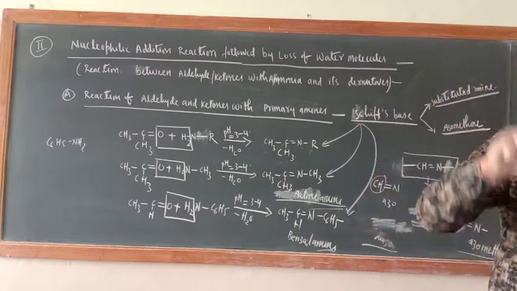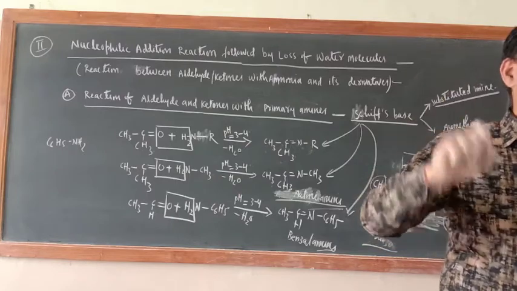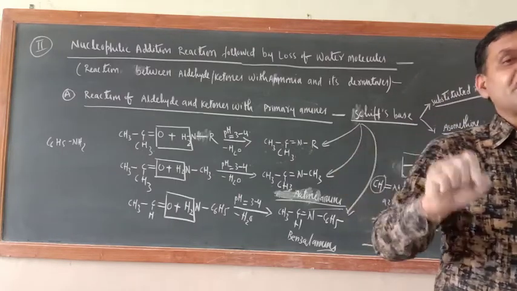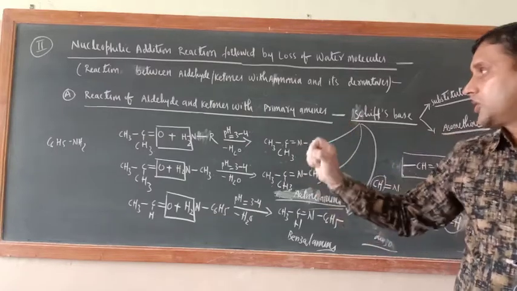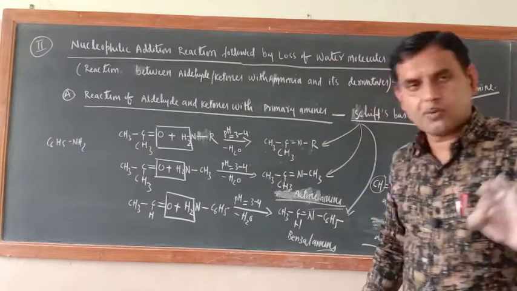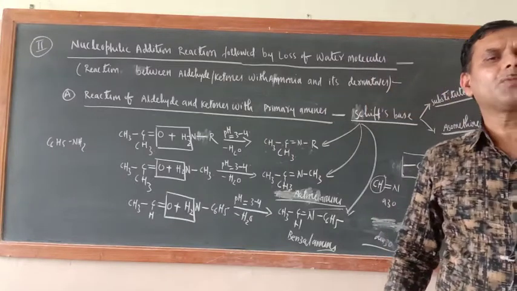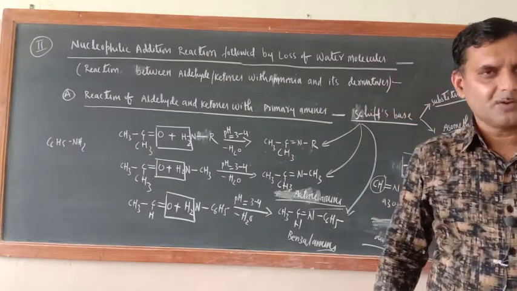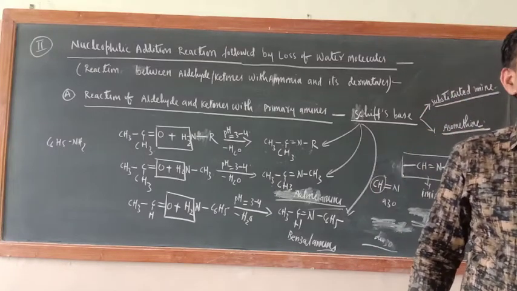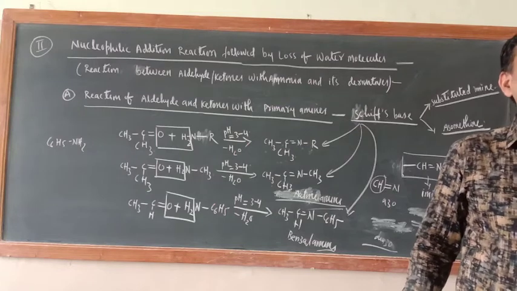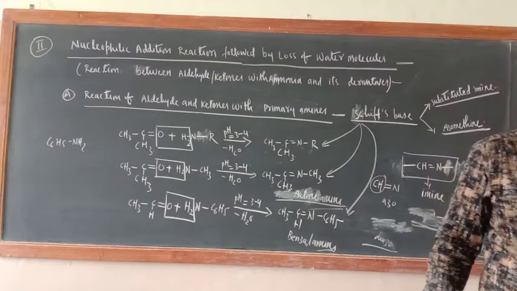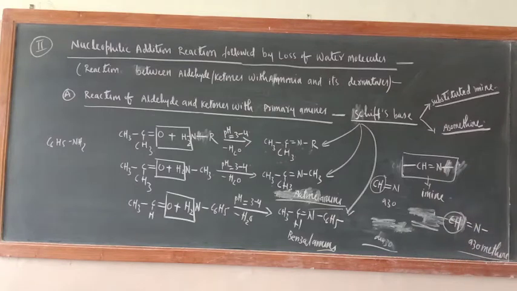But the reaction of weak nucleophiles with aldehydes and ketones takes place when the pH is between 3 to 4. Everywhere 3 to 4 has to be written, even 3.5 you can write, that would be the best. The reaction of ammonia and its derivatives must take place in weakly acidic or weakly catalytic acidic medium. That you should remember.